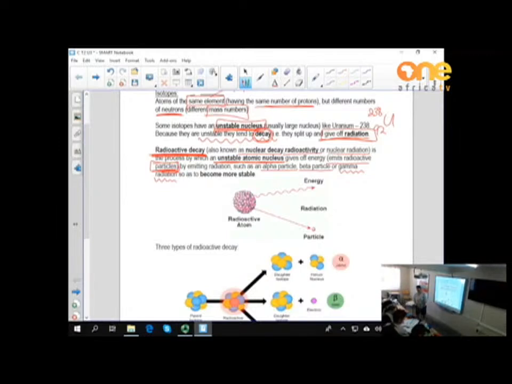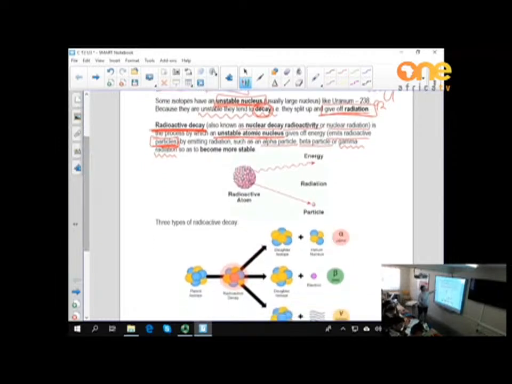Now what happens is, an alpha particle, at this point you don't need to specifically know what an alpha particle is, but an alpha particle consists of 2 protons and 2 neutrons. So it's a fairly large particle, 2 protons and 2 neutrons sticking to each other, and it's shot out from the nucleus.